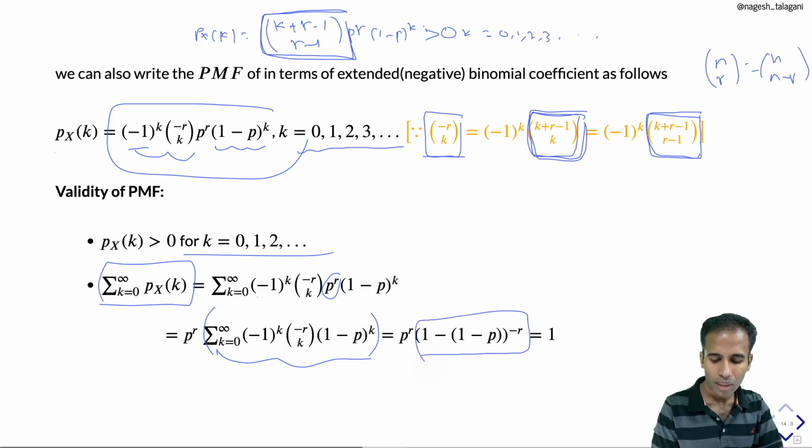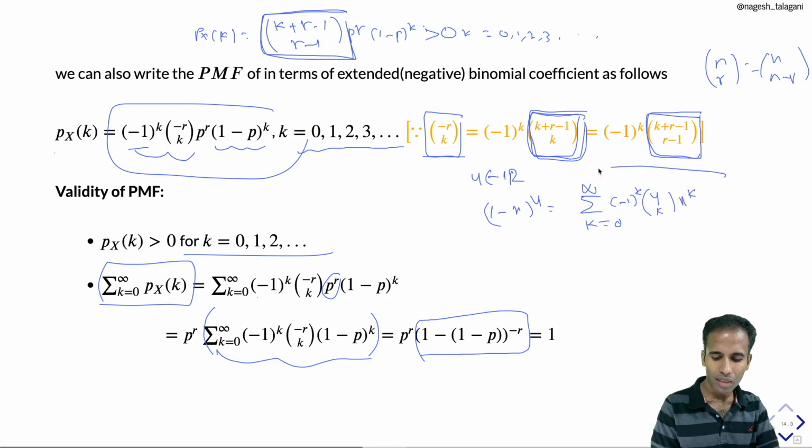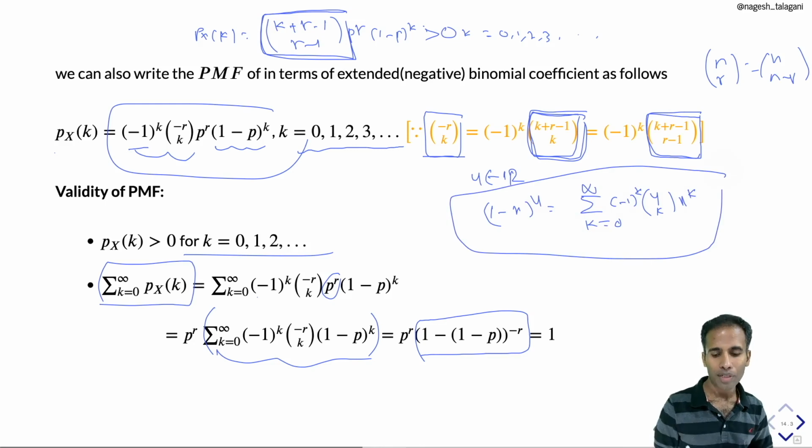because we should know that when u is a real number, the extended binomial theorem says that (1-x) to the power of u has the expansion summation k equal to 0 to infinity (-1)^k (-u choose k) x^k.